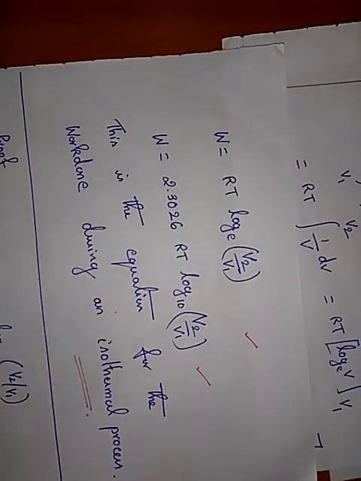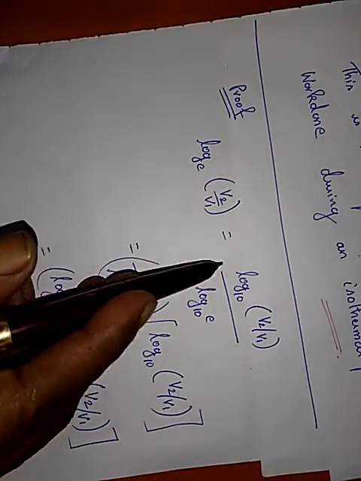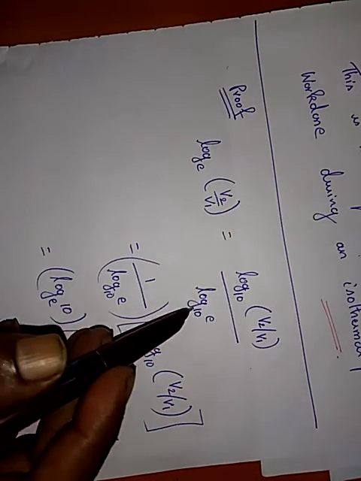Now proof for these two equations. So we all know log e V2 by V1, this can be written as log V2 by V1 divided by log e. You can put any base, but I am substituting base 10.